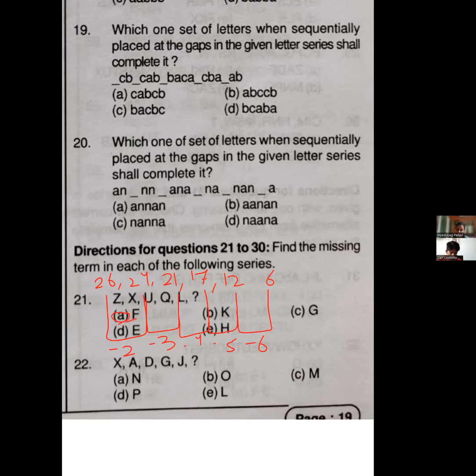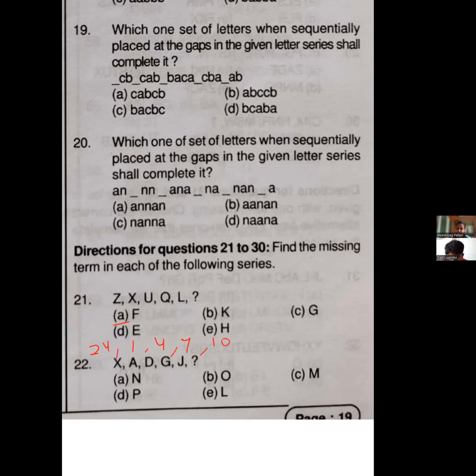So we have seen that the difference between the consecutive terms is increasing by 1. F will be the answer. Okay, then the 22nd one. X is 24, A is 1, D is 4, G is 7, J is 10.